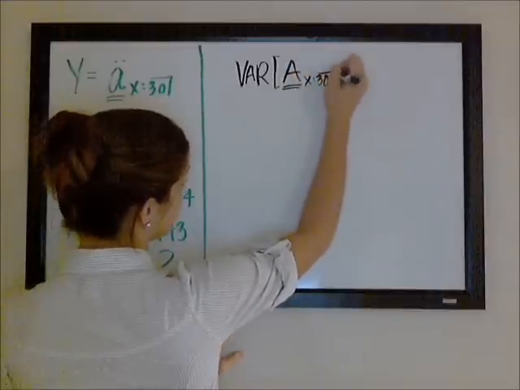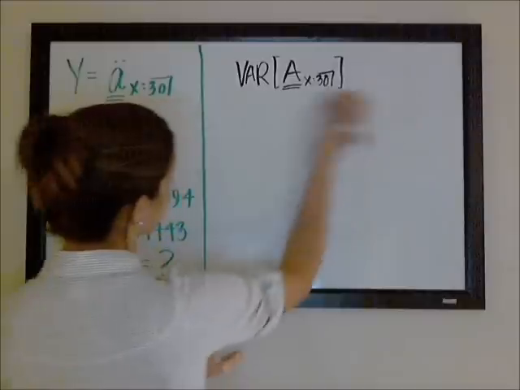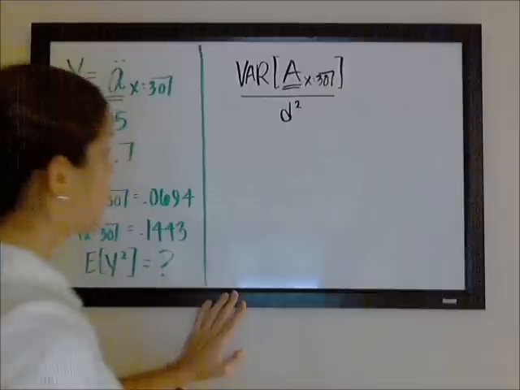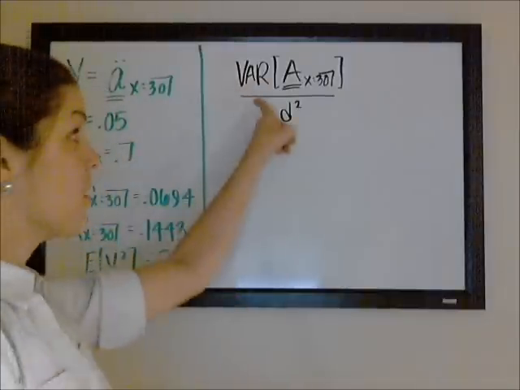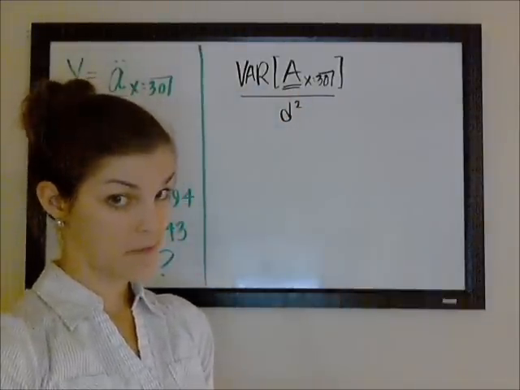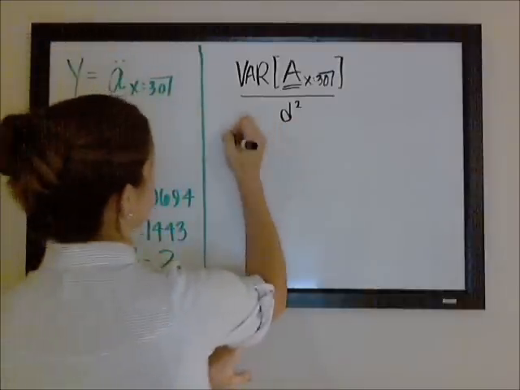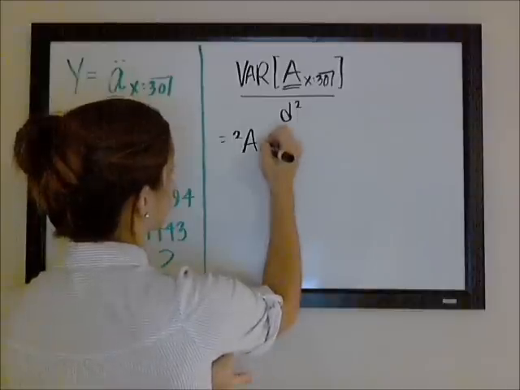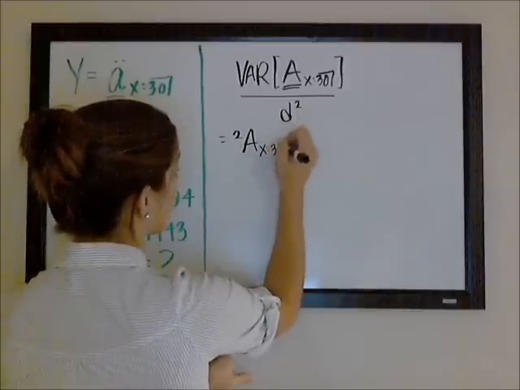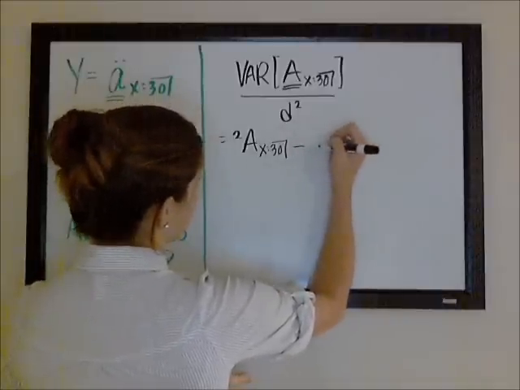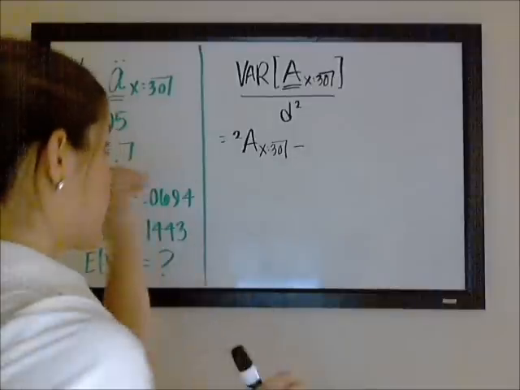So we're going to have the variance of the insurance over d squared. This is a 30-year term insurance that pays at the end of the year of death, over d squared. I know that the variance of a random variable is its second moment minus its expected value squared. So this is going to be the second moment of our endowment insurance minus its expected value.